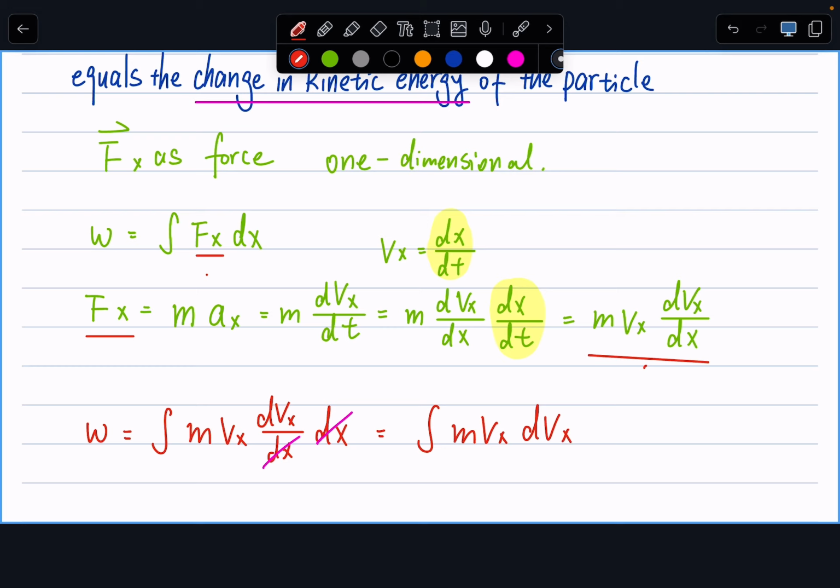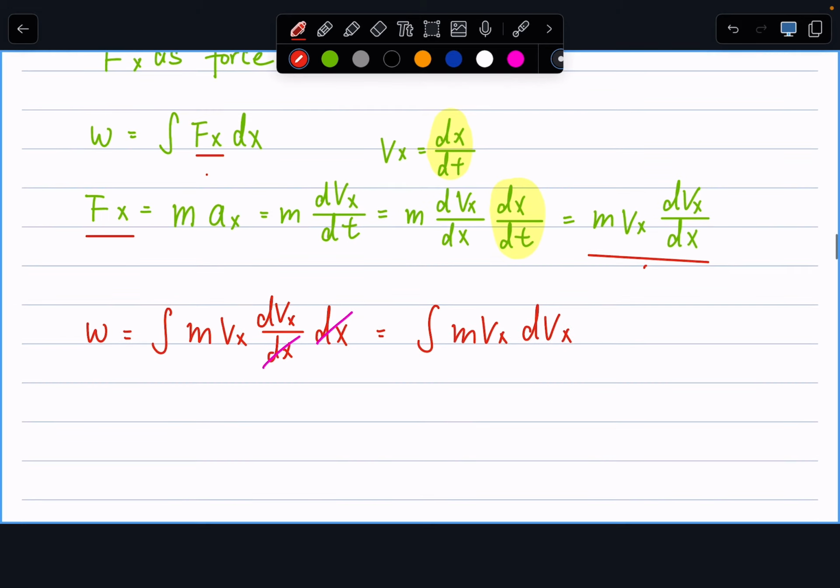Right, and solving for the integral, we get 1/2 m (Vx2 squared minus Vx1 squared). Right, because this integral is taken between V1 and V2.